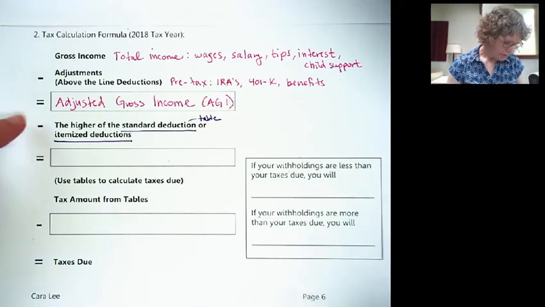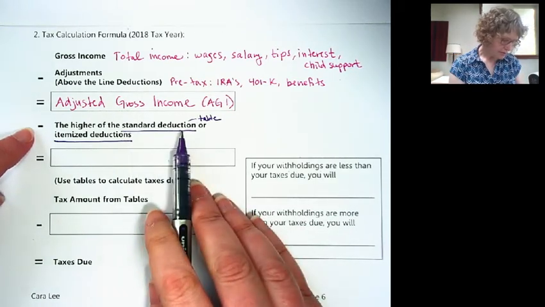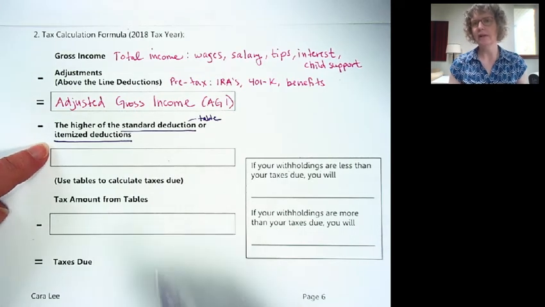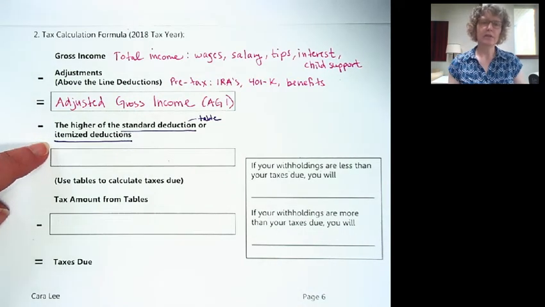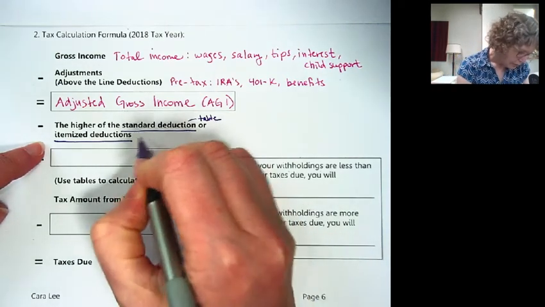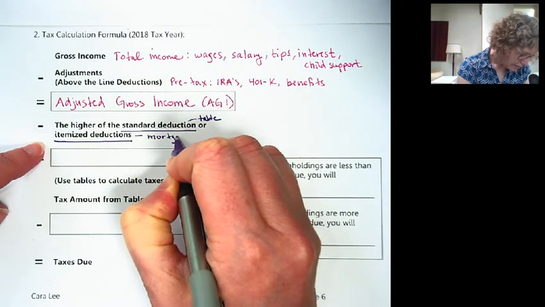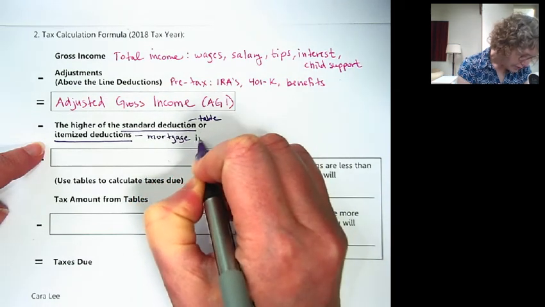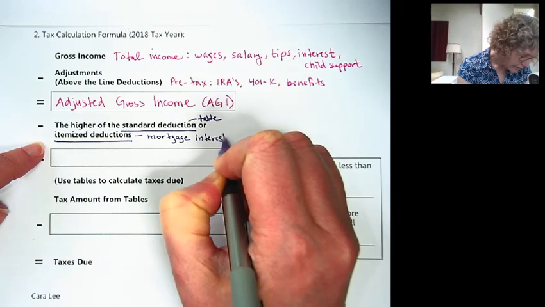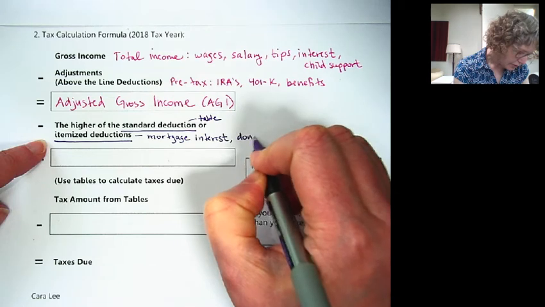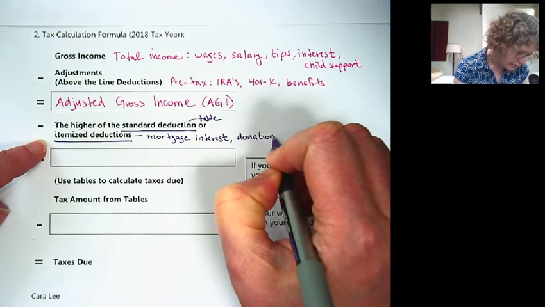Okay, so you would subtract either your standard deduction or itemized deductions. So what are some things you can itemize? A really big benefit of home ownership is deducting your mortgage interest. So deductions are things like mortgage interest, and donations you can also deduct.